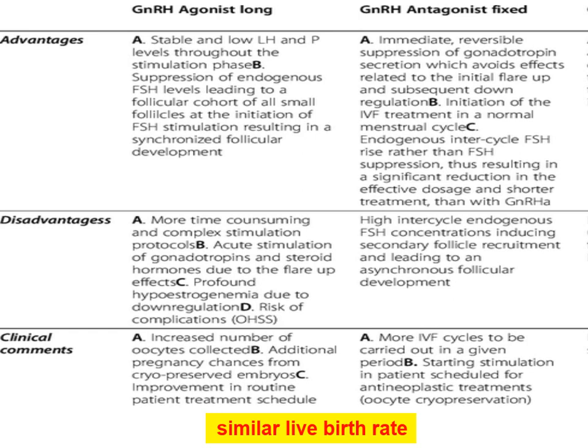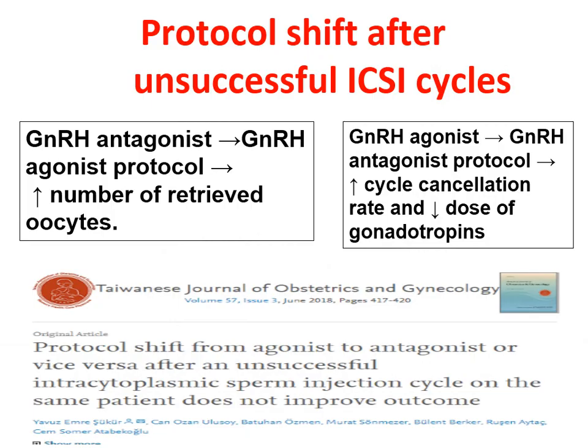So each protocol has some advantages and disadvantages, but both protocols regarding live birth rate have similar results, but ovulation is more with the GnRH agonist. Some authors mentioned, okay, in empty follicle syndrome we have to switch from antagonist to agonist or from agonist to antagonist.